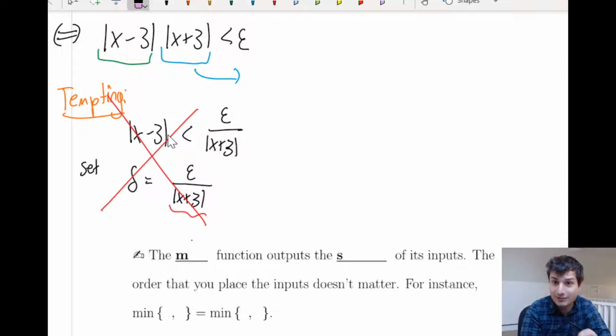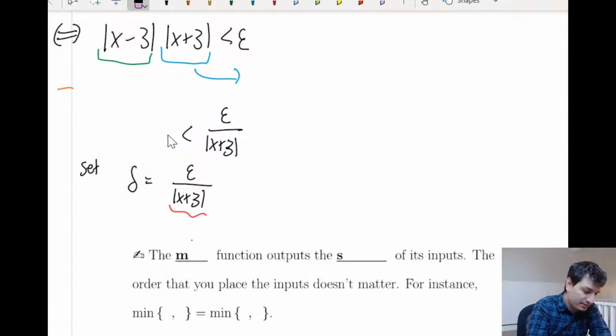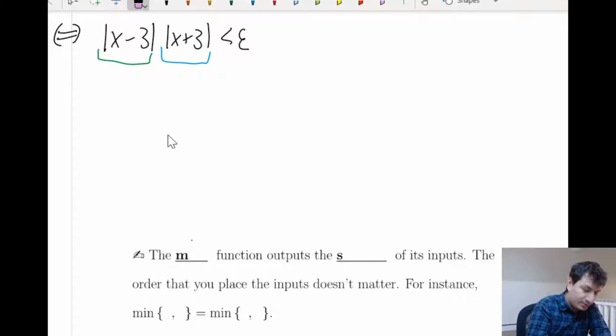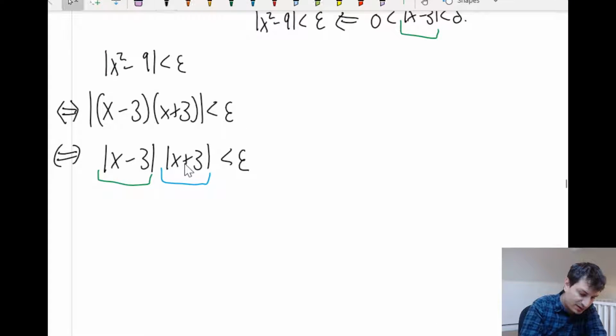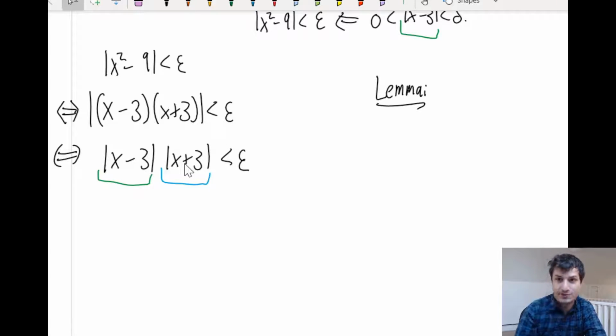So that is why we need to find some way to bound x plus 3. And we know from what we talked about, the left replacement rule, that what we actually want to do is make a lemma. A lemma is like a little side argument that we're going to insert into our main argument.